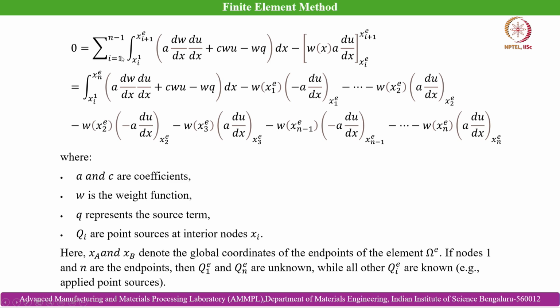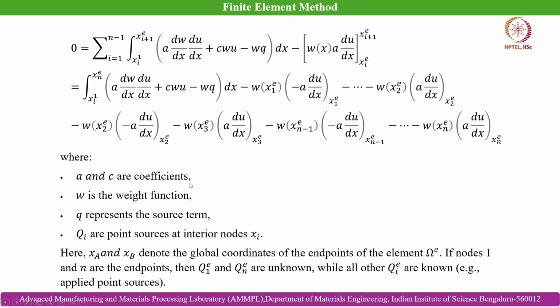Further, putting the values up to i equal to n minus 1, we get the integral from x_1 to x_n of a dw/dx du/dx plus c w u minus w q dx, minus w(x_1^e) a du/dx at x_1. Accordingly the other terms for x_2, x_3, x_4 and so on, and similarly the nth term is w(x_n^e) a du/dx at x_n^e.